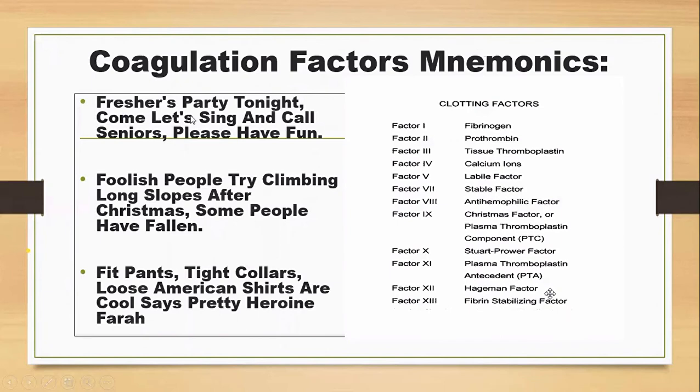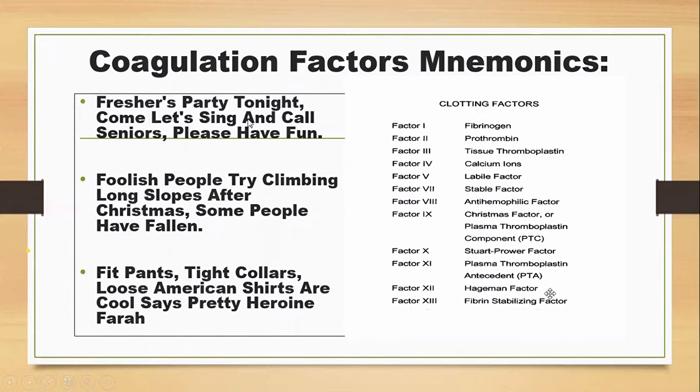So freshers party. Freshers stands for fibrinogen, party is for prothrombin. Tonight, factor 3, thromboplastin. Then factor 4 is calcium, come. Then this is factor 5, the labile factor. Then factor 7, stable factor.